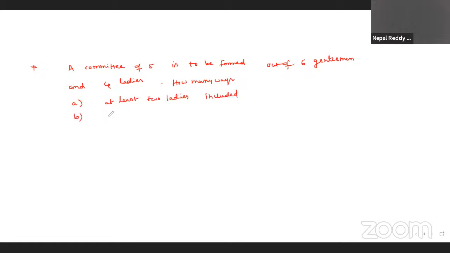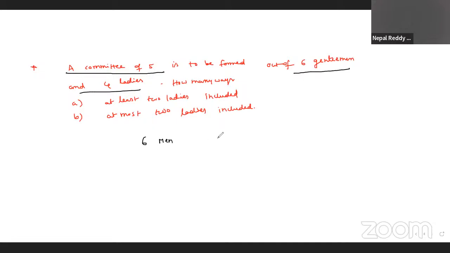Second question, at most 2 ladies included in the committee. Right? A committee of 5 members that can be formed from 6 gentlemen and 4 ladies.